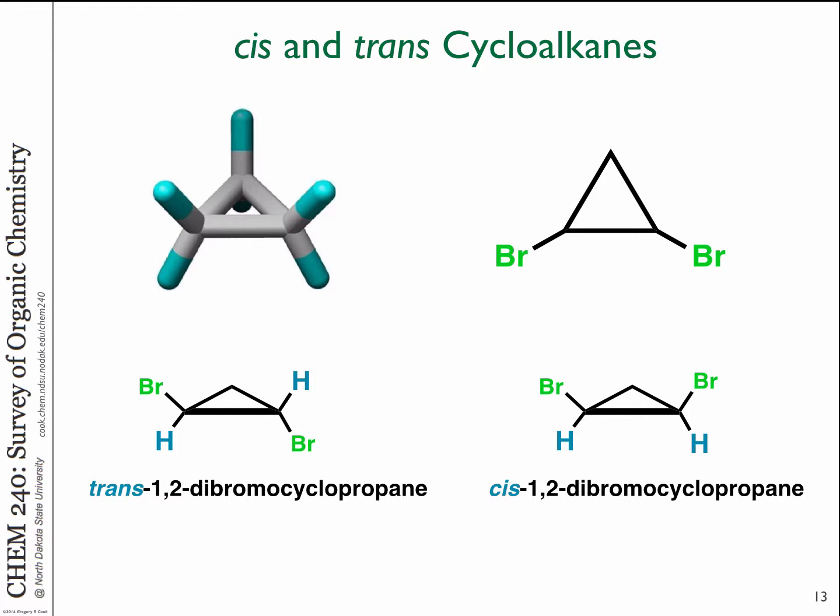Because they're not the same molecule. They have different properties, they have different positions in 3 dimensions, and there's no way you could interconvert them by bond rotations. So they're not conformers, they're actually different isomers. But a different kind of isomer. Remember the definition, what's the sort of broad definition of isomer?